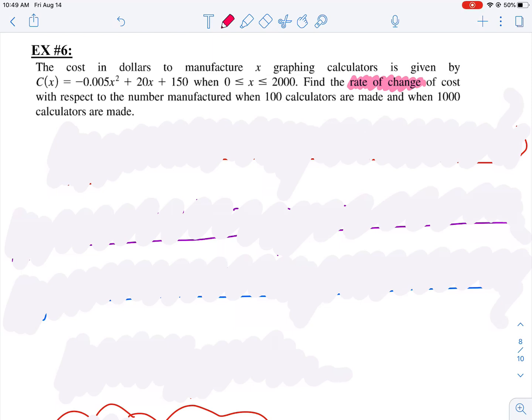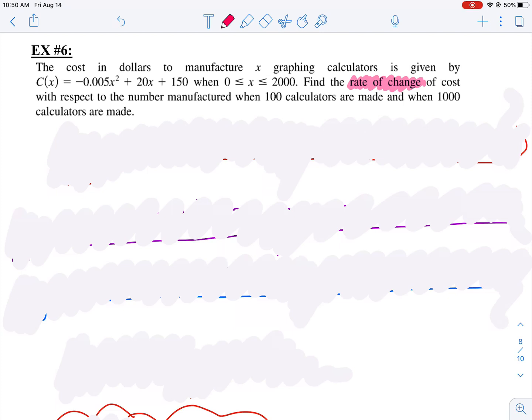So we want to find the rate of change of the cost depending on how many calculators we manufacture. We want to find the instantaneous rate of change when 100 calculators are sold, the rate of change at exactly that time, and then we want to find the rate of change at exactly when 1,000 calculators are manufactured.